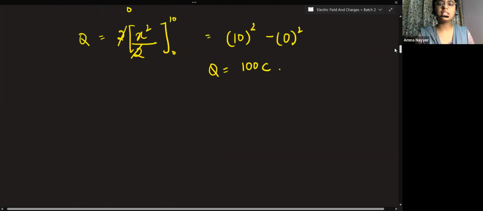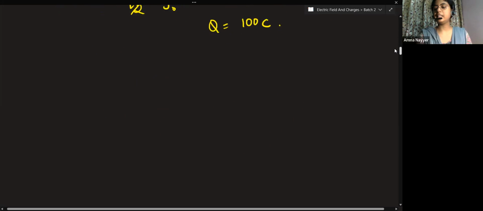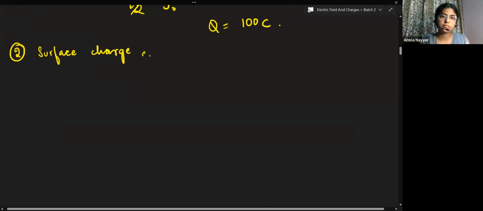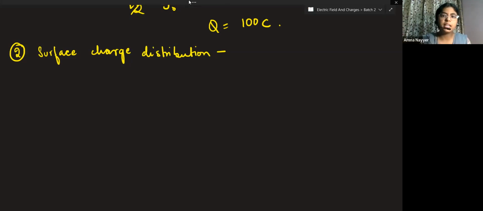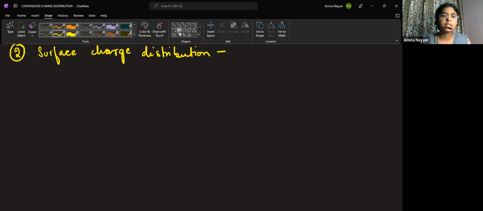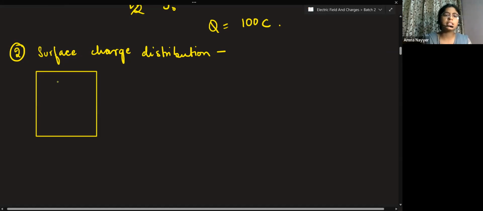So this was linear charge distribution. In linear charge distribution, you have charge distributed on the length of the wire. Now see, if I talk about surface charge distribution. Instead of the single wire which I was considering, if I take a plane surface, this has charges present on it.